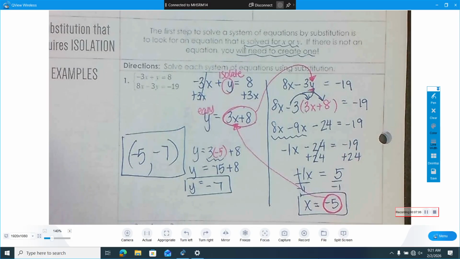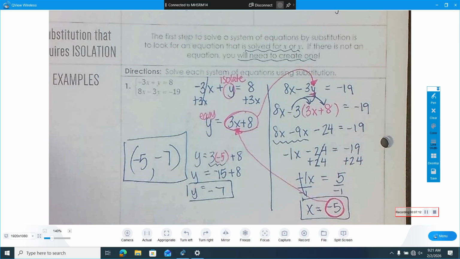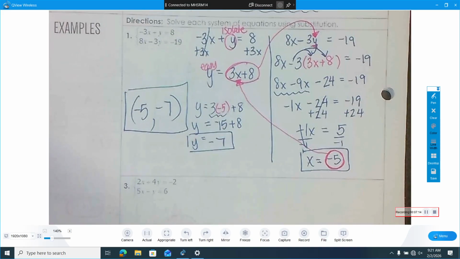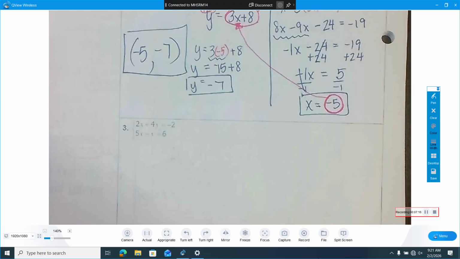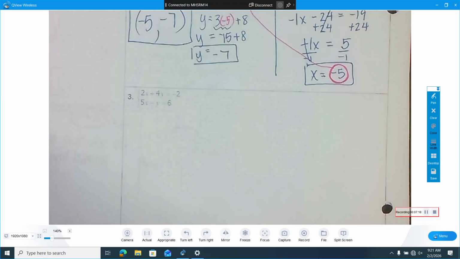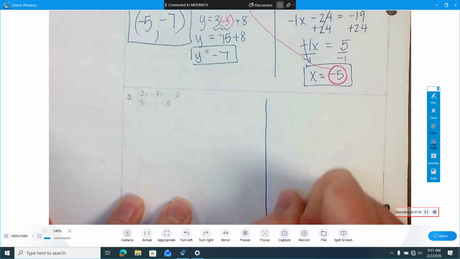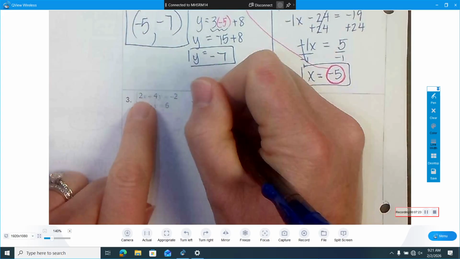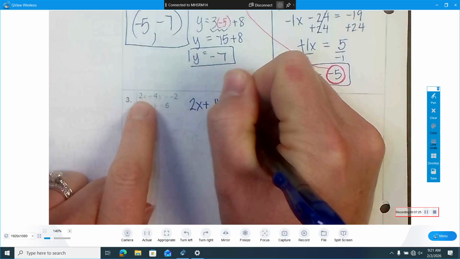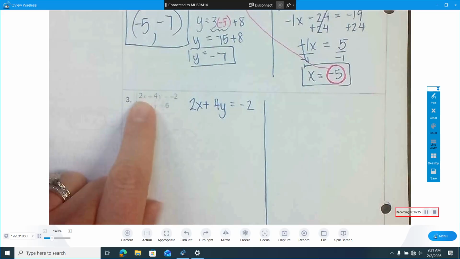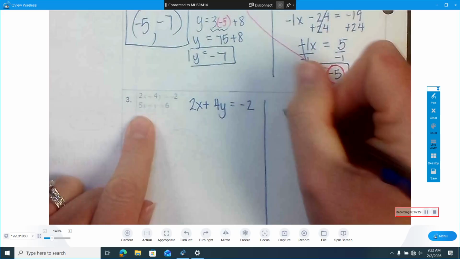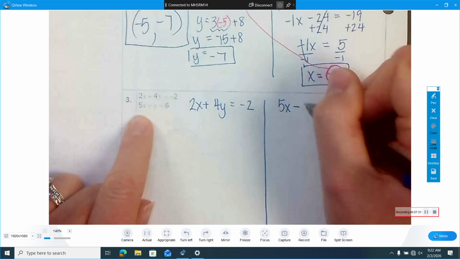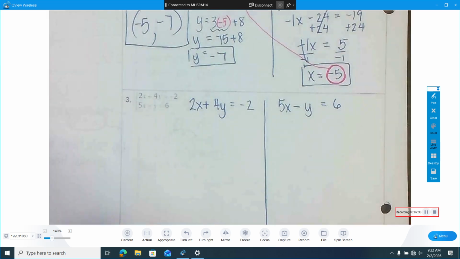So really we just have one more step today, and that's to get a nice easy variable isolated. So let's look here at number 3. Once again, I'm going to draw my 2 columns. I have 2x plus 4y equals negative 2 at the top of one column, and then I have 5x minus y equals 6 at the top of another column.